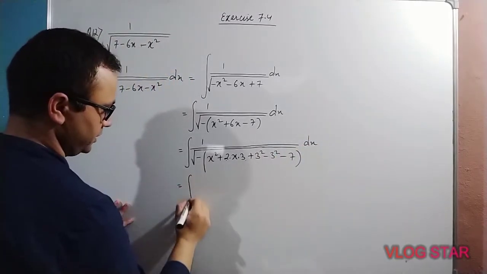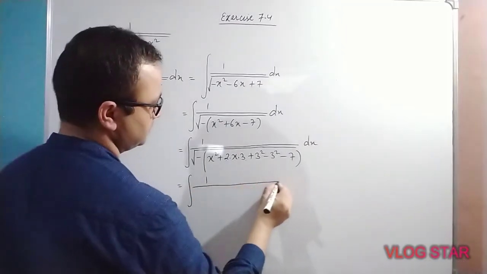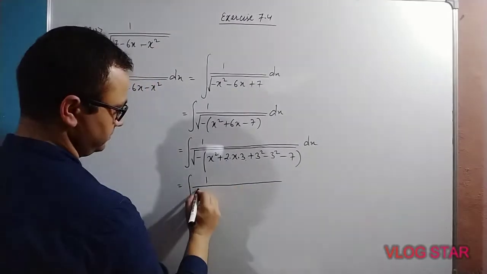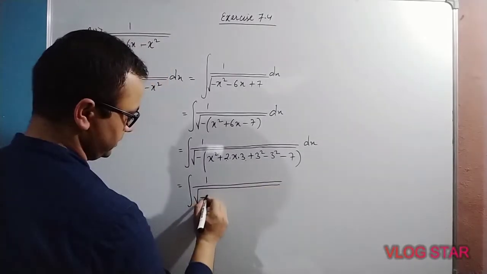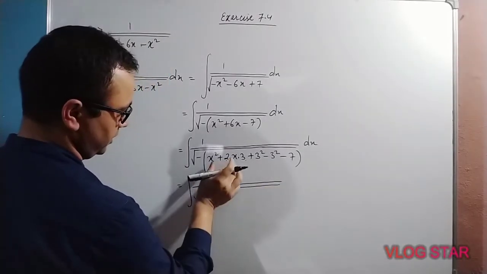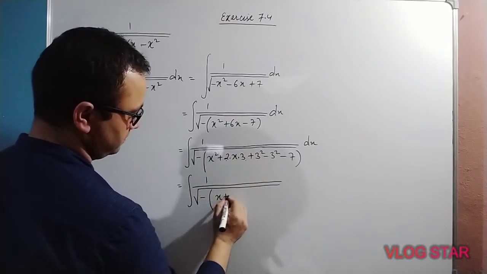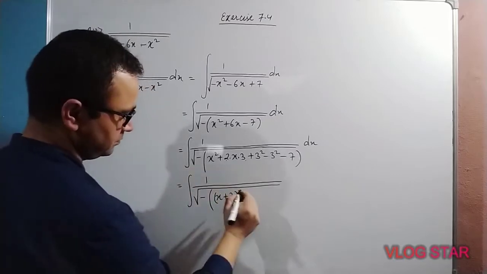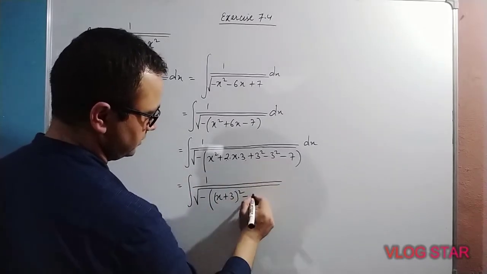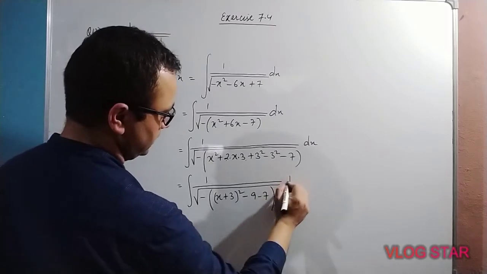This equals integration of 1 by root over minus is here. Now a square plus 2ab plus b square is a plus b whole square, x plus 3 whole square, minus this is 9 minus 7 dx.